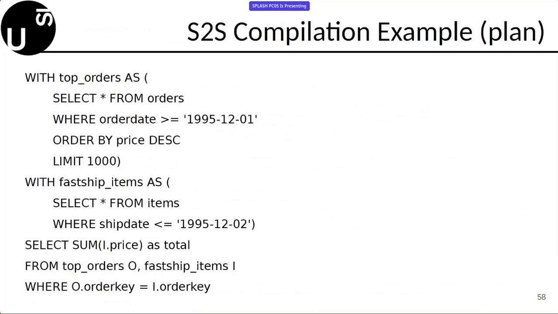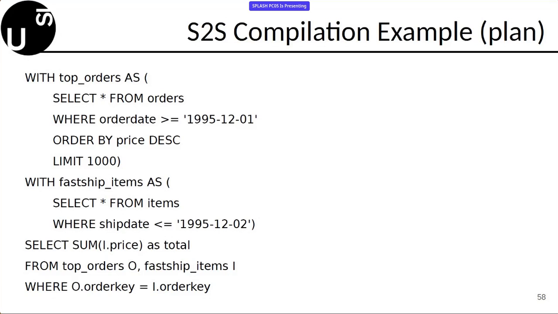We can now see an example of query compilation. We have a rather complex query. It is actually split into 3 queries to facilitate reading. First, we create a virtual table called top orders, which are basically the top 1,000 most expensive orders after a certain date.